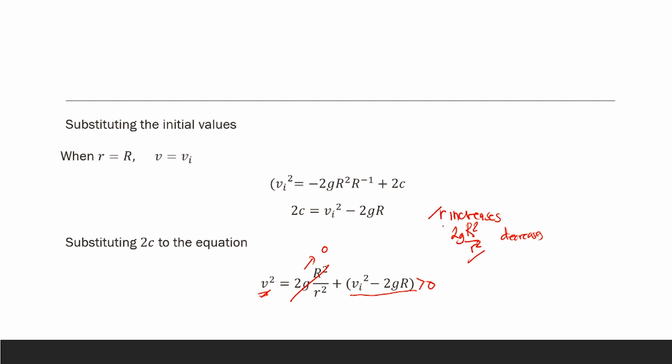So, therefore, class, in that case, the exact escape velocity is when this term is equal to 0. When vi squared minus 2gR is equal to 0, that is the exact escape velocity of an object that needs to leave the gravity of the Earth.